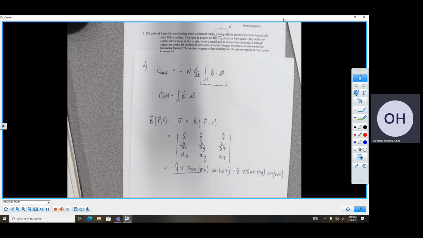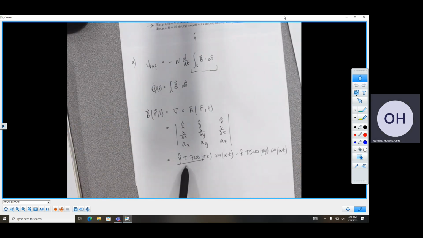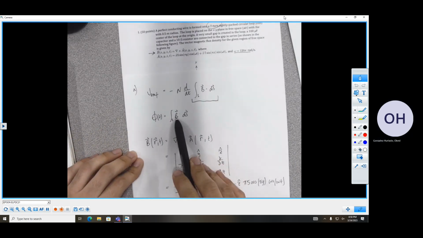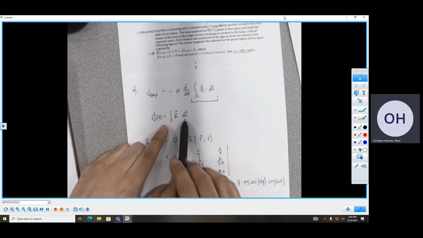That's the only value you're gonna get today. Sorry, because it's gonna be theoretical. Okay, we got B. Just plug it in here. Put this integral and this d of s.